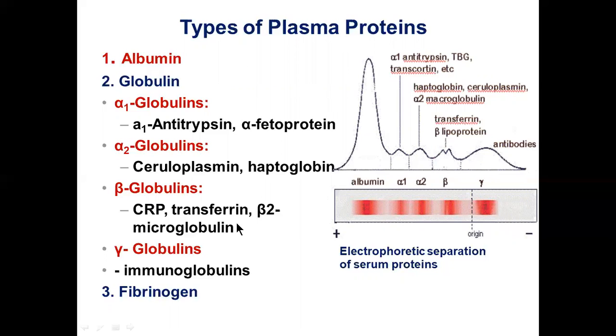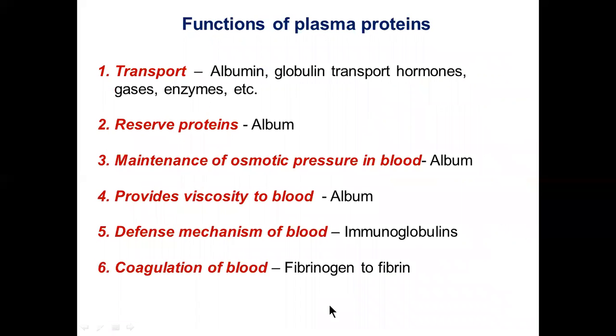Blood plasma contains three major protein groups: albumin, globulins (alpha-1, alpha-2, beta, and gamma globulins), and fibrinogen. Functional plasma proteins serve in transport, reserve, maintenance of osmotic pressure, providing viscosity, defense, and coagulation.